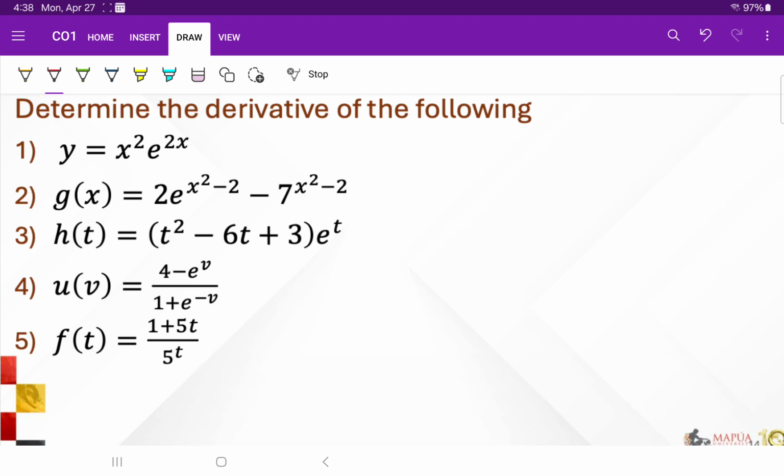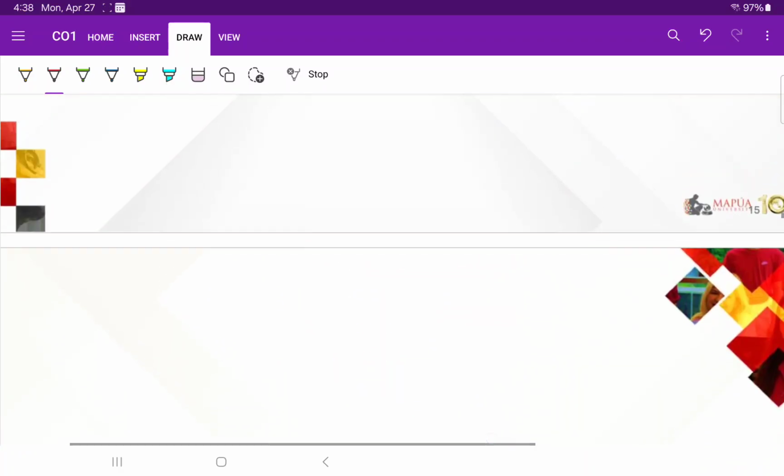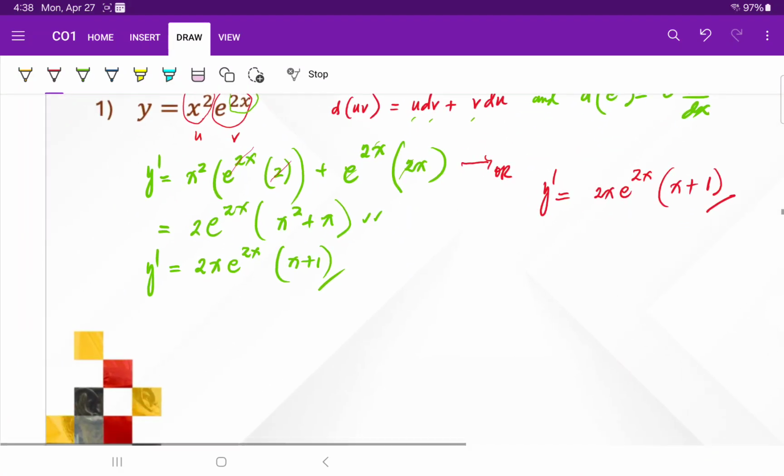Okay. So let's solve the next one, which is, let's do it here. Do we still have a space? Yes, we have. Let's do number 2.